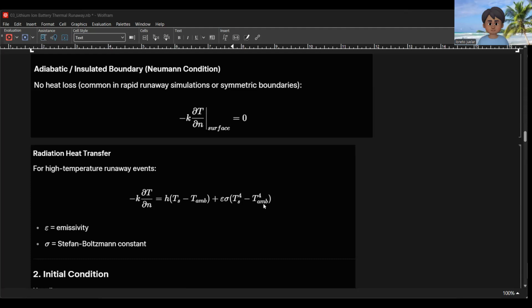Now this is for the radiation heat transfer.